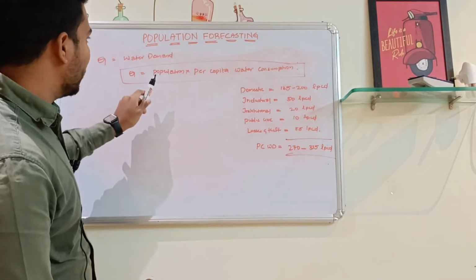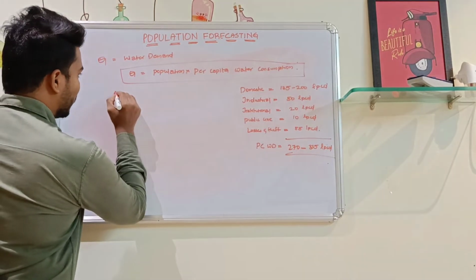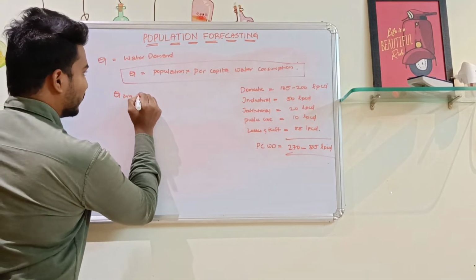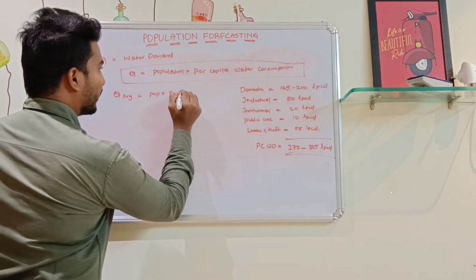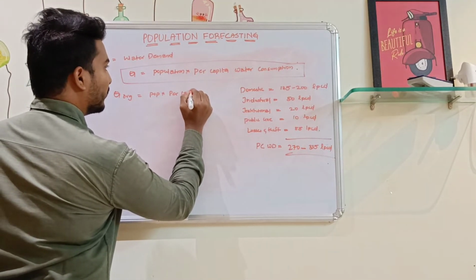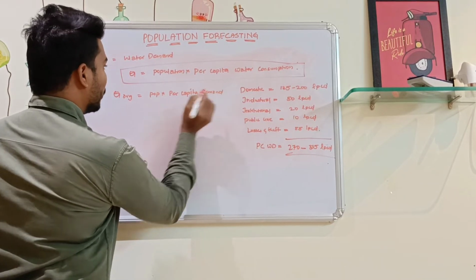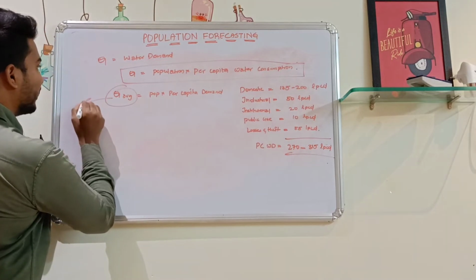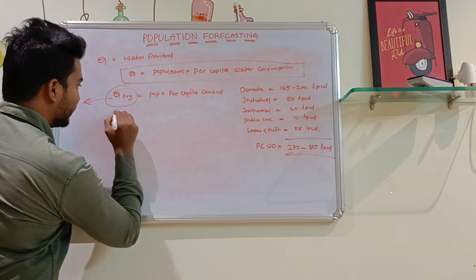So right now I know the population, and I know the per capita consumption. So I can find Q average, which is equal to population into per capita demand. So here we'll be getting Q average. Now we have to find Q max daily.